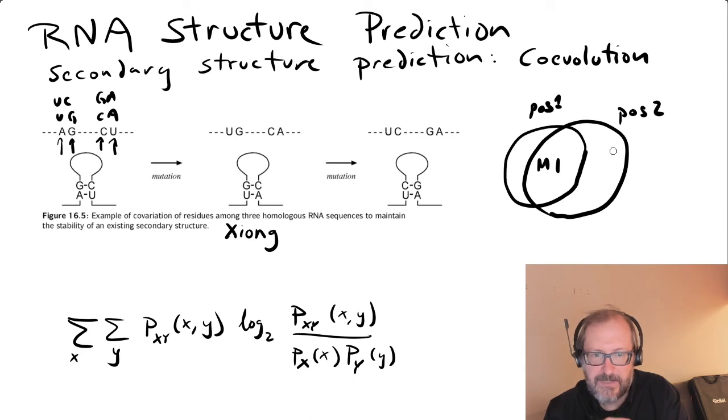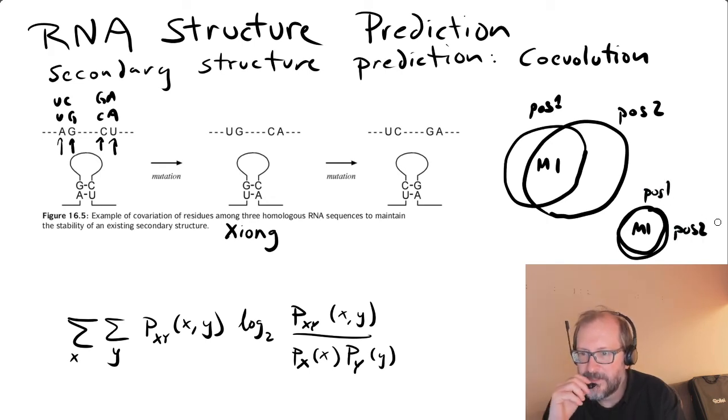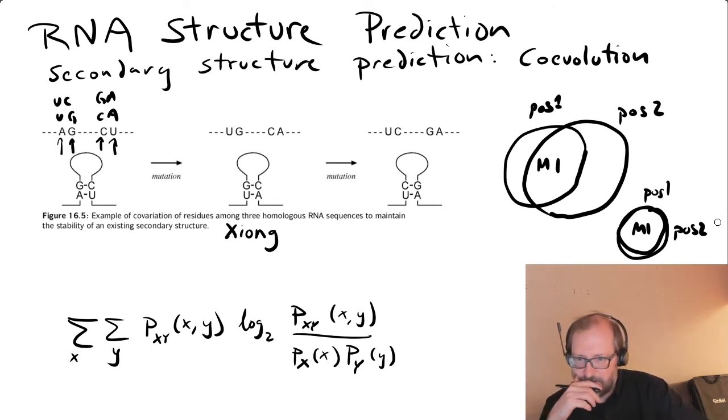And in this case, if the coevolution is perfect, then your Venn diagram would look like this, right? Your mutual information is basically 100% of position 1's information as well as position 2's information. In a more practical situation, you wouldn't get quite such a strong signal, most likely. But nonetheless, this is a really powerful method.